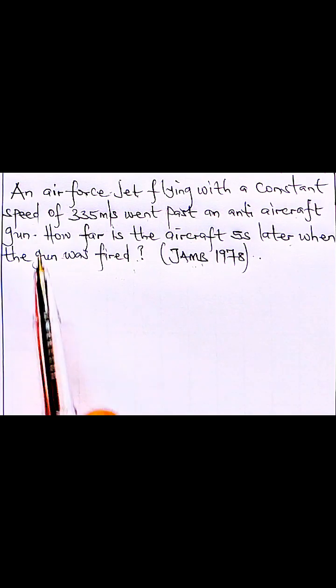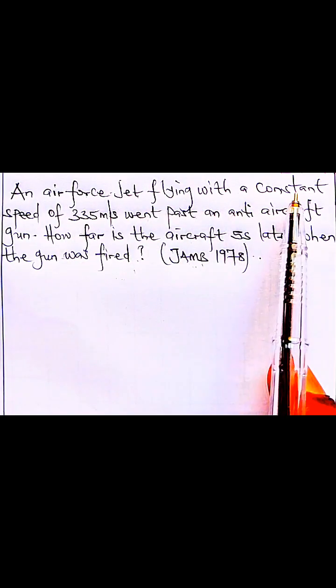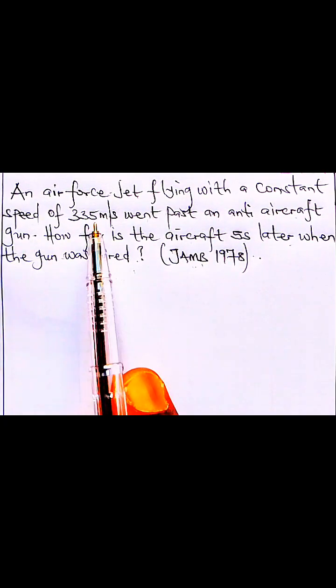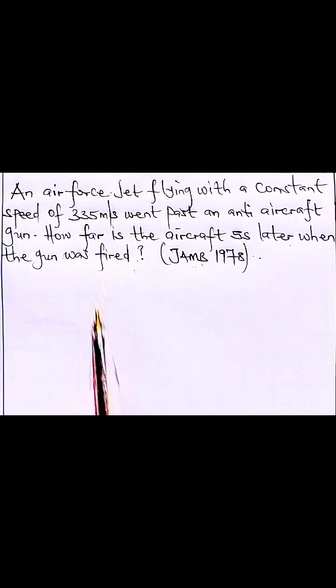So now look at this: an Air Force jet flying with a constant speed of 335 meters per second. When we say something is constant, as I said earlier in the previous exposition, constant speed or constant acceleration or velocity simply means there is no initial and no final. It means the initial and the final are the same thing. When we say constant, it means there is no change.